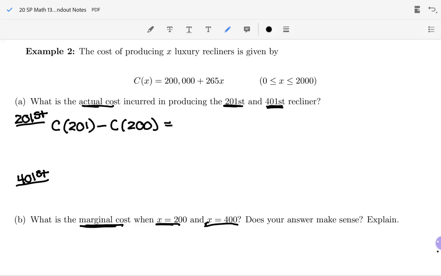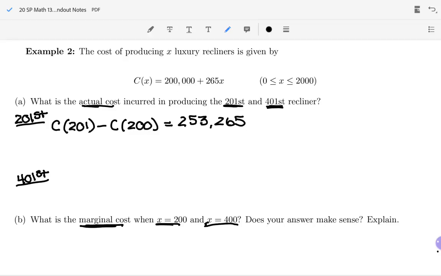And where we're plugging this in is to the original function. So I'd grab my calculator, I'd plug in 200,000 plus 265 times 201 at first, and you could plug that into your calculator. You should get $253,265. That's the total cost for all 201 recliners. Okay, and now let's subtract how much it costs them to produce just 200.